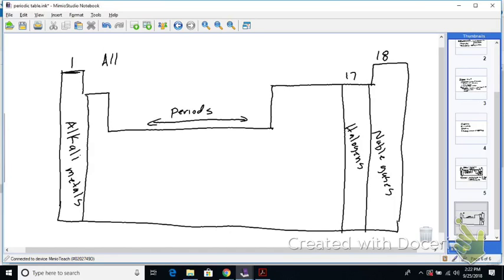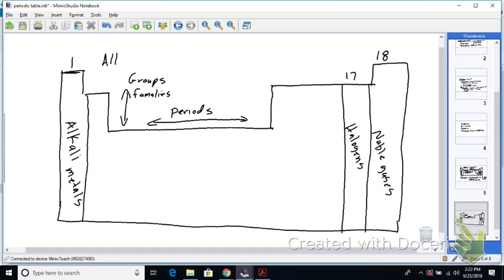Now groups are also called families, and they go up and down. I'm going to go here, and this represents groups, and sometimes families if they have a lot of characteristics the same.